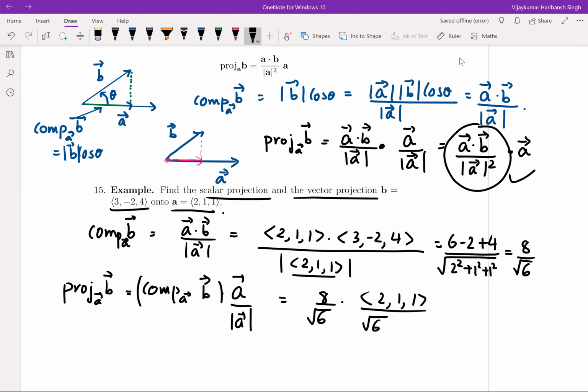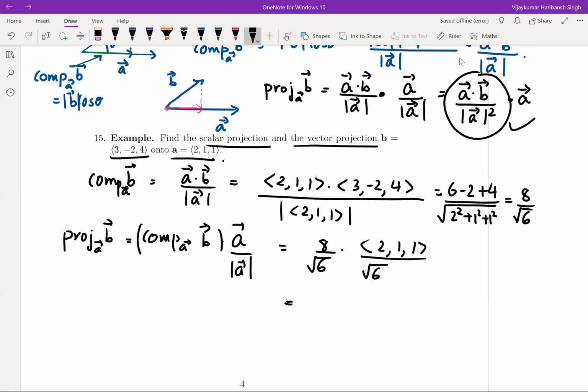So if we rewrite it properly, this is going to be 8 by 6, which is 4 over 3, times (2, 1, 1). So this is the vector projection of vector B onto vector A.